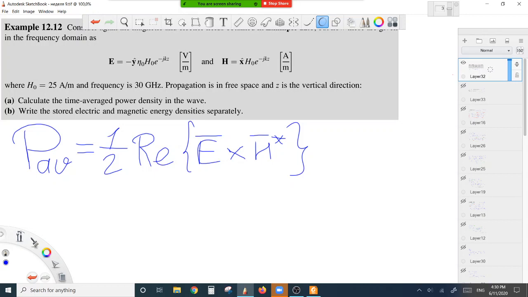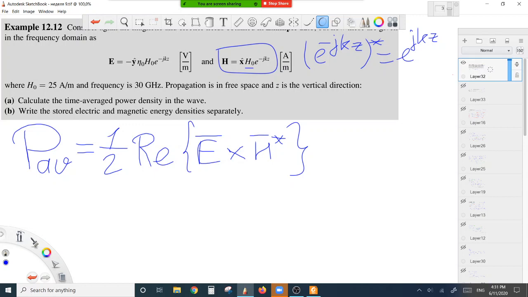First of all, we need to compute the complex conjugate of H. So we know that if we look to H, H0 is real and complex conjugate of e to the power of minus j kz is e to the power of plus j kz.